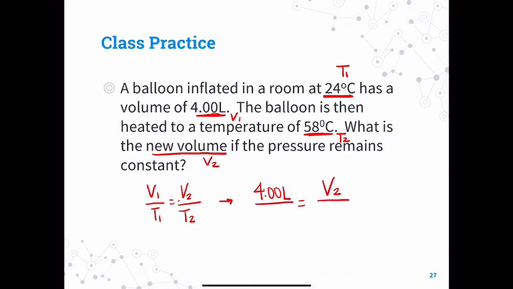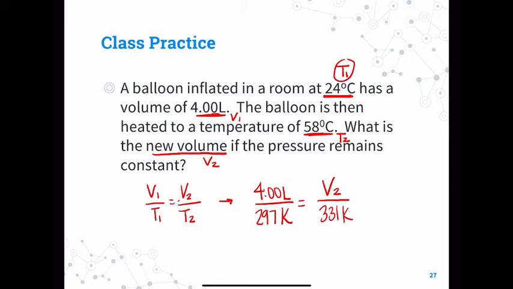Now my T1, I've labeled T1 up here, 24 degrees Celsius, but I have to add 273 to that to be able to convert it to Kelvin, and so that's 297 K. Okay, and then the other one, 58 degrees Celsius plus 273 is going to be 331 K.